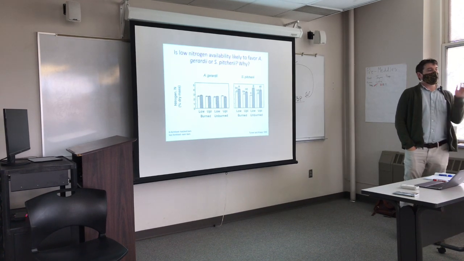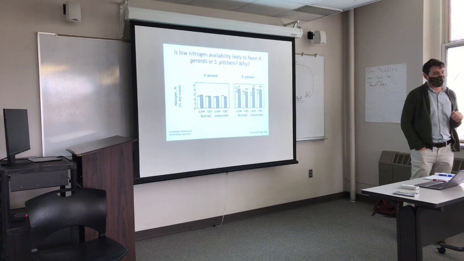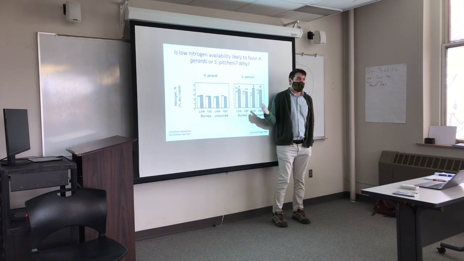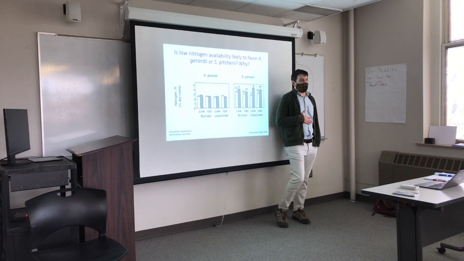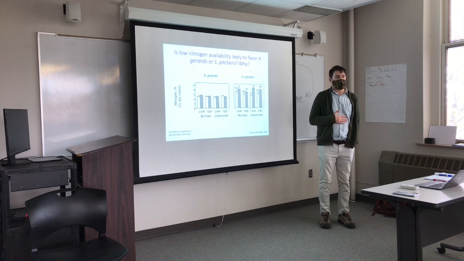Think about this in the context of those resource ratio diagrams. Go back in your memory. Which one is able to persist using less nitrogen per unit biomass? Which one is more efficient with nitrogen use?